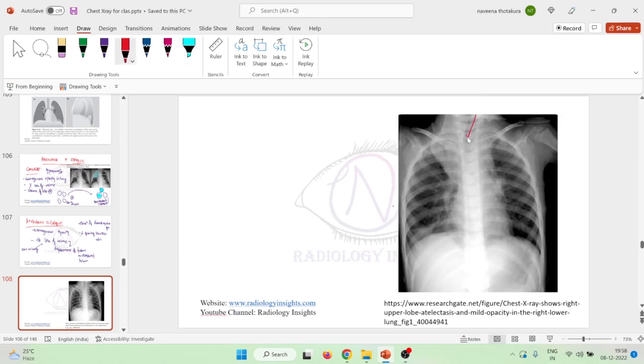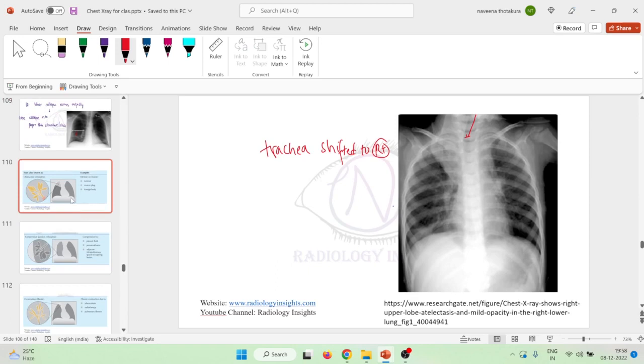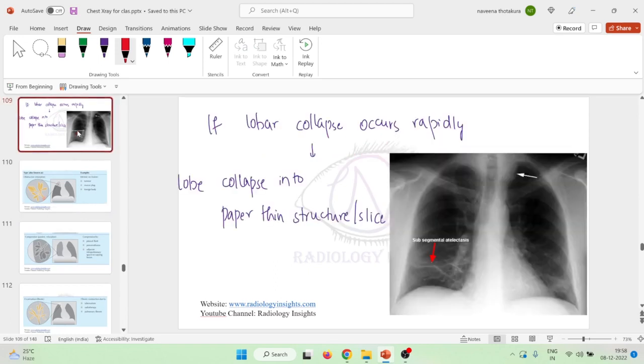You can note that the trachea is shifted to the right, and there is right upper lobe collapse. If lobar collapse occurs rapidly, the collapsed lobe or even collapsed segment can become paper thin or slice-like, and this is called subsegmental atelectasis.